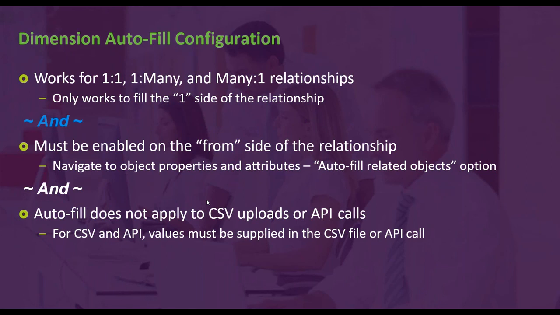A couple caveats that you want to be aware of is that when you set this up to autofill, it has to be from the from side of the relationship. In this particular case, it's going to be location that we assign department. So when we fill in our location, it will fill from location through to that department field.